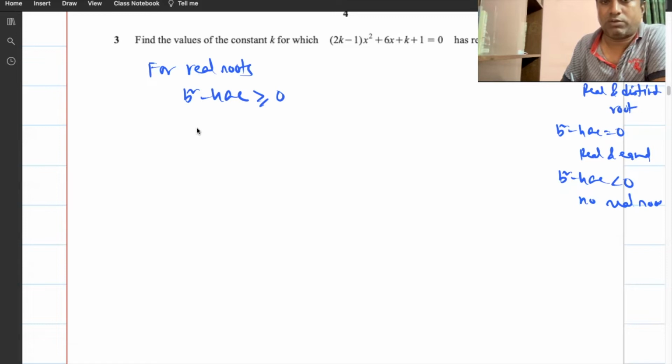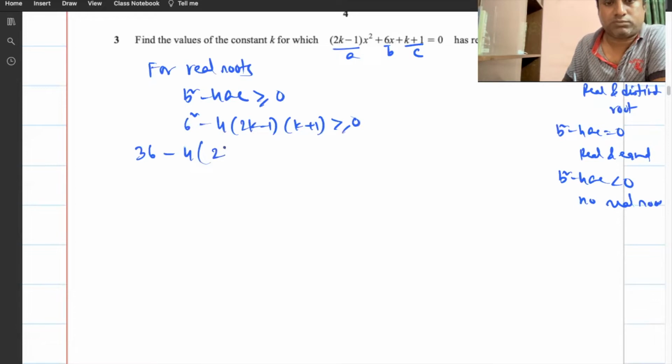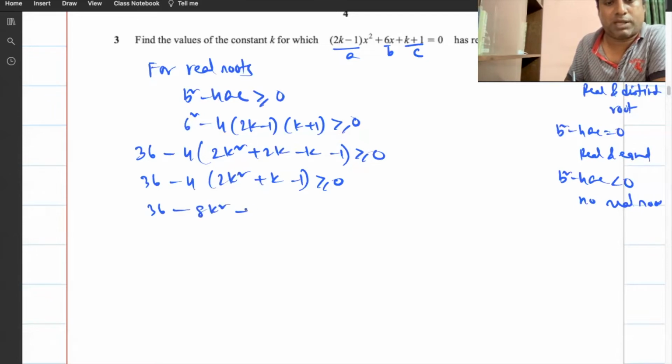Now let me use the values. This is 6 squared minus 4 times (2k minus 1) times (k plus 1) greater than or equal to 0. Here a is 2k minus 1, b is 6, c is k plus 1. So 36 minus 4 times (2k squared plus 2k minus k minus 1) greater than or equal to 0. That is 36 minus 4 times (2k squared plus k minus 1), so 36 minus 8k squared minus 4k plus 4 greater than or equal to 0.